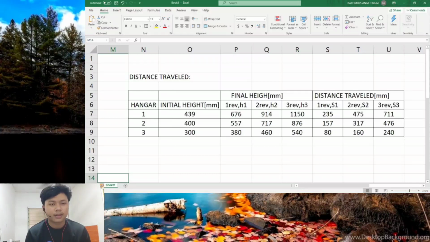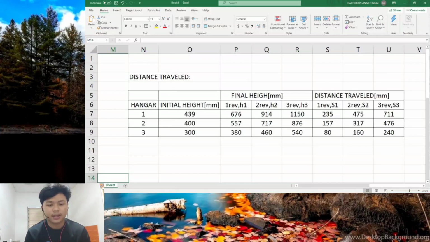For hanger 2, the first revolution is 157 millimeter, revolution 2 is 317, and revolution 3 is 476 millimeter.